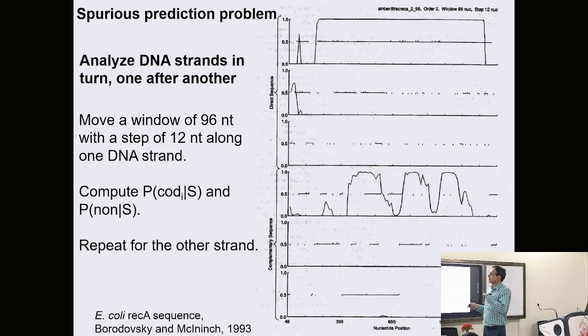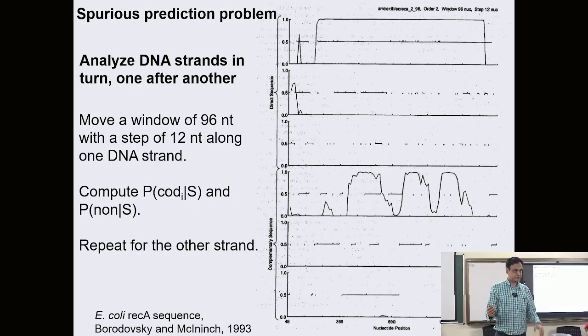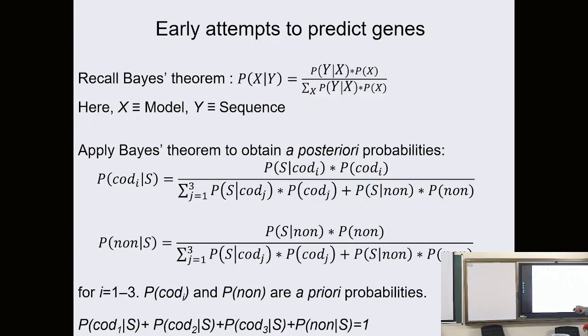So, what earlier people used to do was analyze DNA strands in turn. First the direct strand and then the complementary strand. Okay? When you do it for the direct strand, you compute these probabilities, where I goes from 1 to 3, and non-coding. And then you do it for the sequence in the complementary strand.